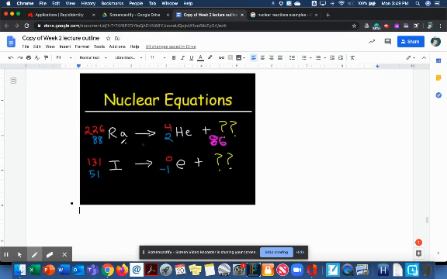So 86 plus 2 gives us 88. And we need 222. So 222 plus 4 gives us 226. Now the symbol that goes along with this is the symbol for element number 86. And element number 86 is radon.